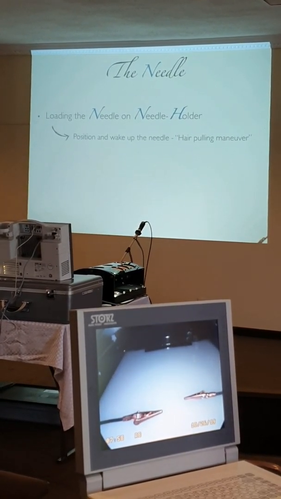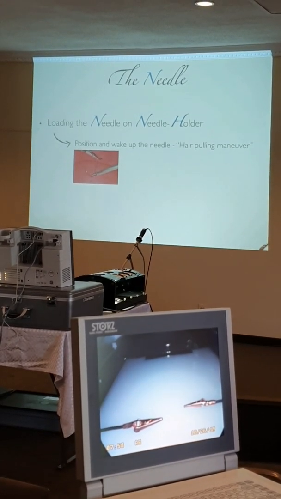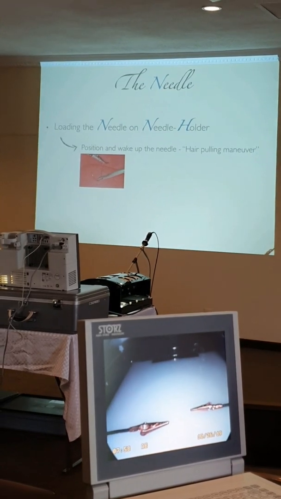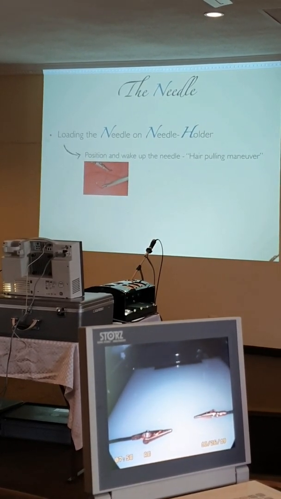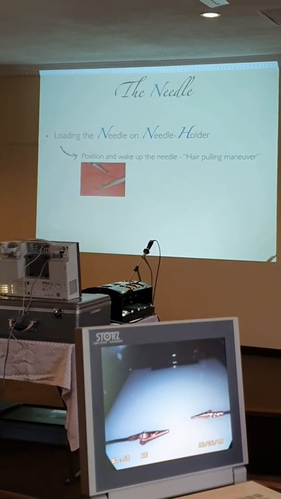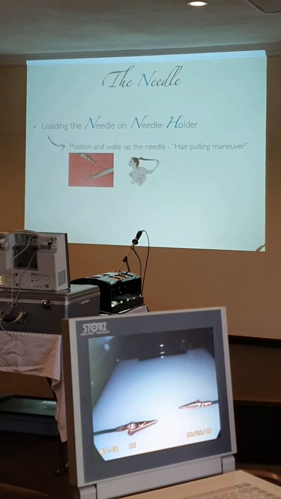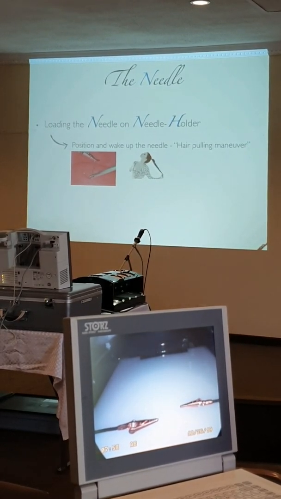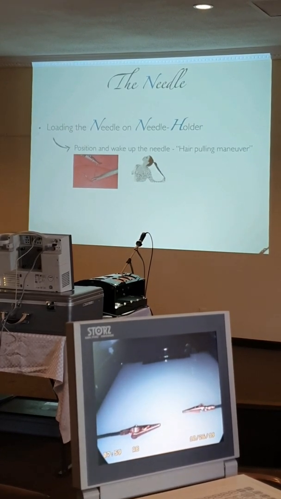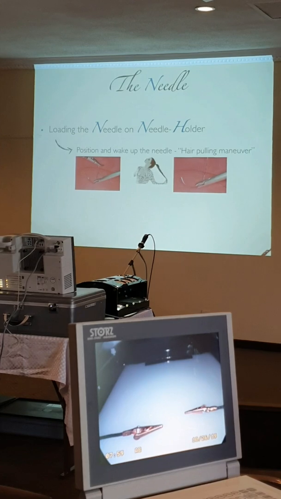The name of this maneuver is hair pulling. Why? When you pick up the needle loader, the needle is down. You can look at the exercise: you pick up the thread and make a little pulling, and the needle wakes up and stays up in the needle roller.